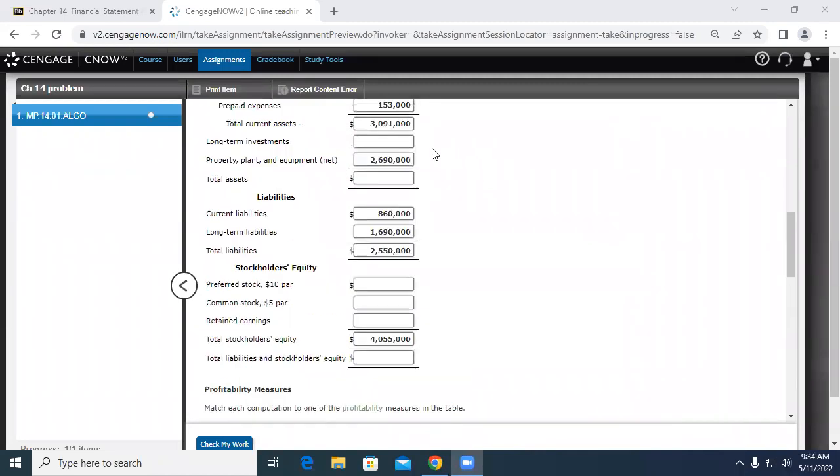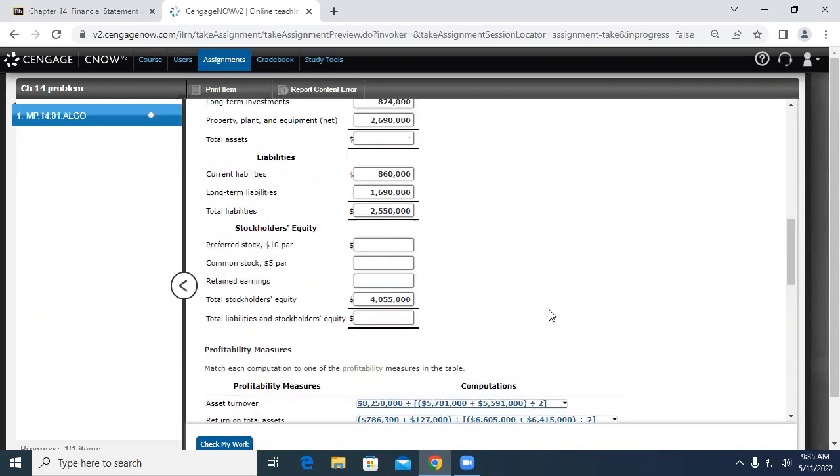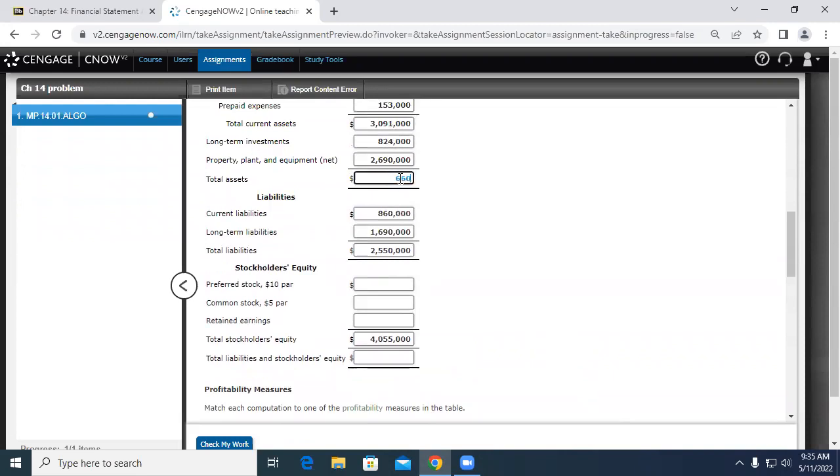So let's go to our balance sheet. We can put in our long-term investments. Oops, I just typed that into my calculator instead of into the problem. And we also know our total assets, but we could find our total assets by adding up the current assets, long-term investments, and property, plant, and equipment. But we have it right here, $6,605,000.